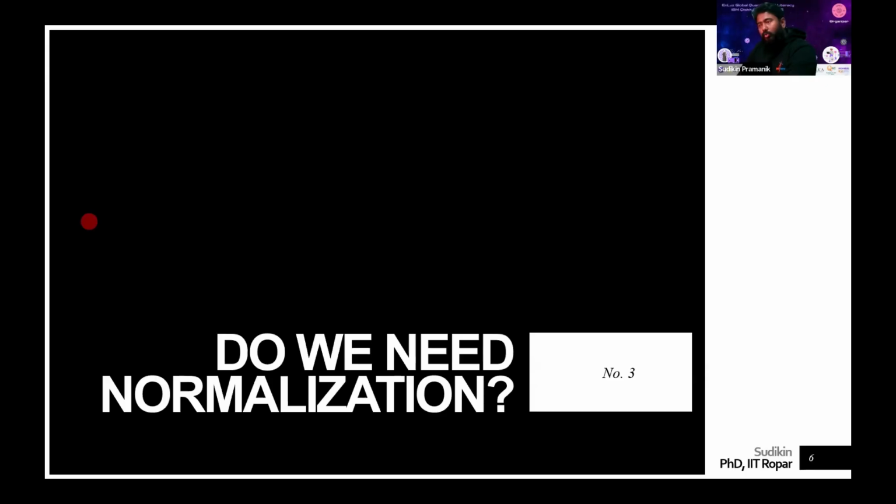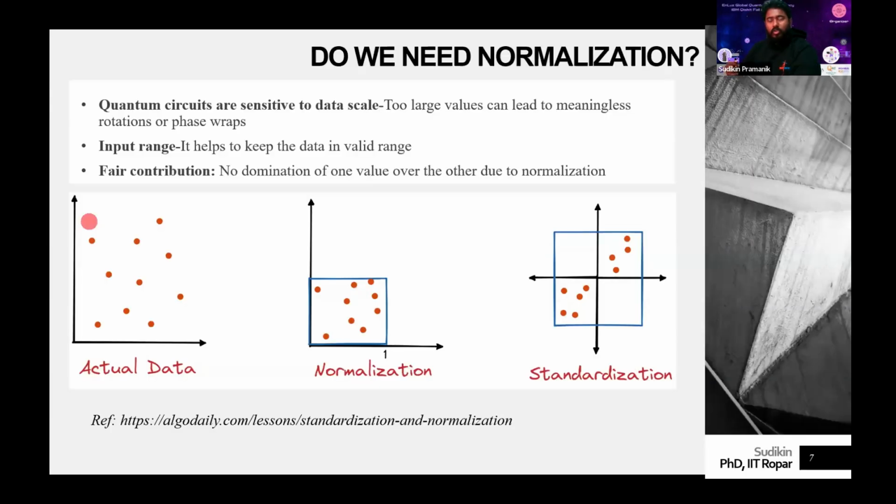Okay, so first we need to understand whether we need normalization in this and why. So what is normalization? Suppose I have actual data. Normalization compresses the data within certain limits. As you can see, our data was spread out, and it compresses the data into certain limits. Let me explain one small thing.